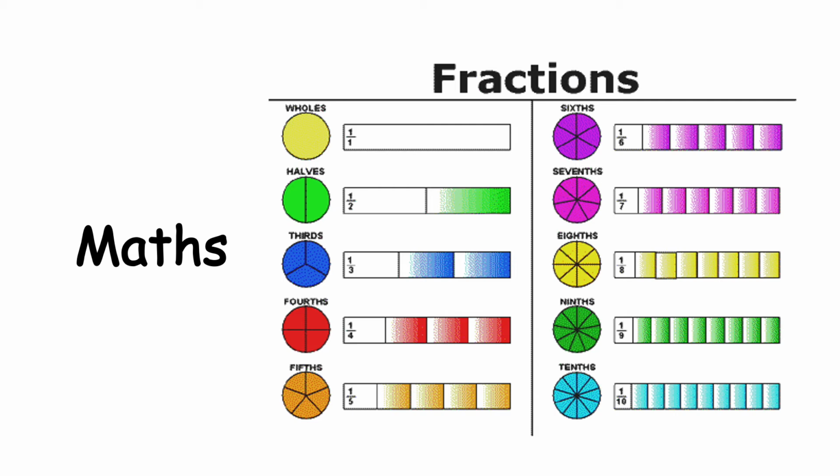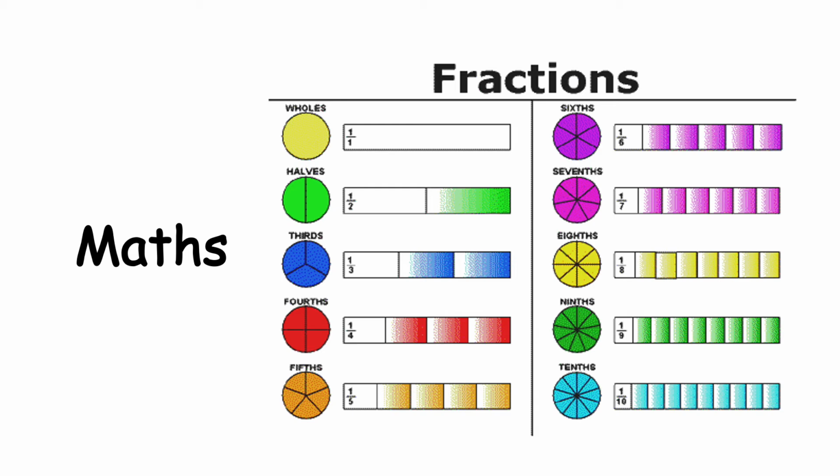How many quarters are equivalent to 1 whole? How many fifths? What do you notice? If the numerator, the top number, is the same as the denominator, the bottom number, then it is 1 whole. Okay, so keep that in mind for the next part.